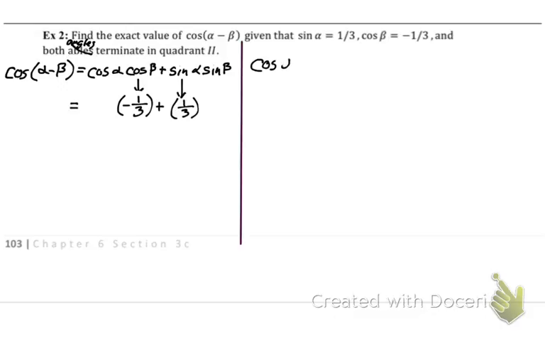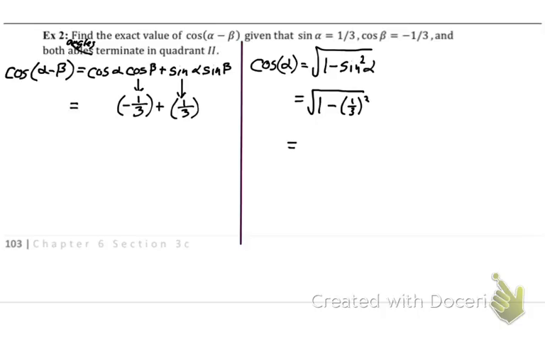So cosine alpha is going to equal the square root of 1 minus sine squared alpha. We actually know what sine alpha equals, so it's 1 minus 1/3 squared.